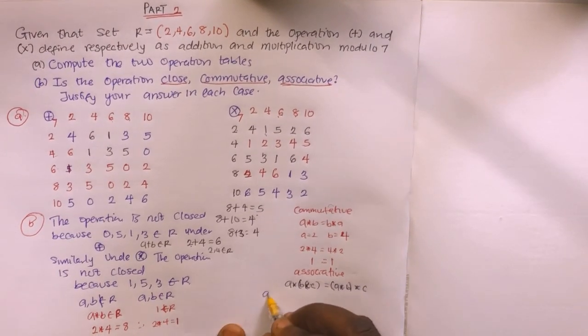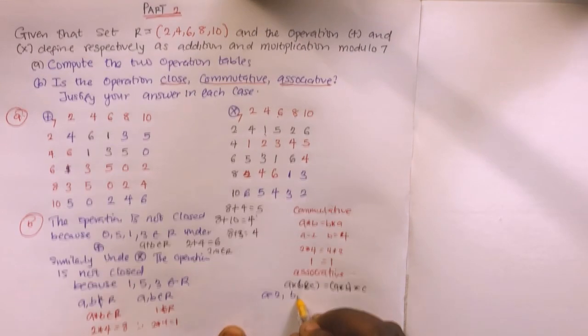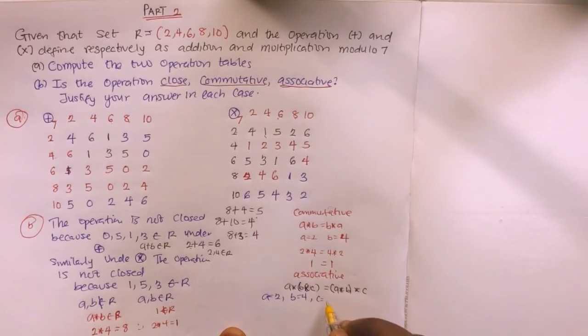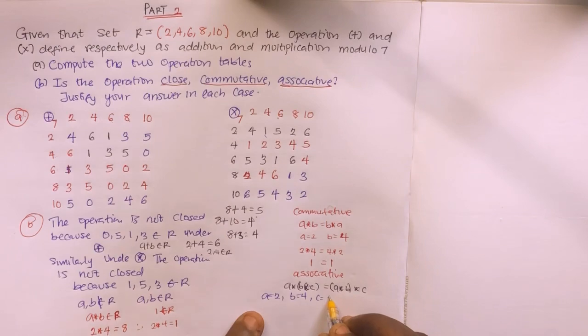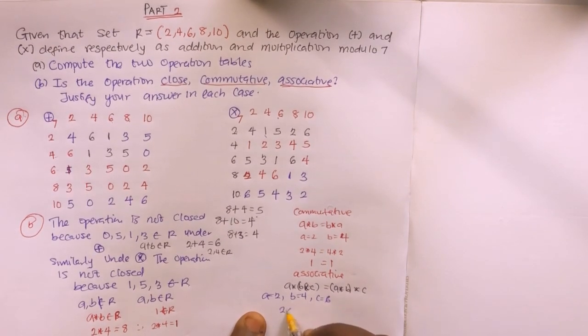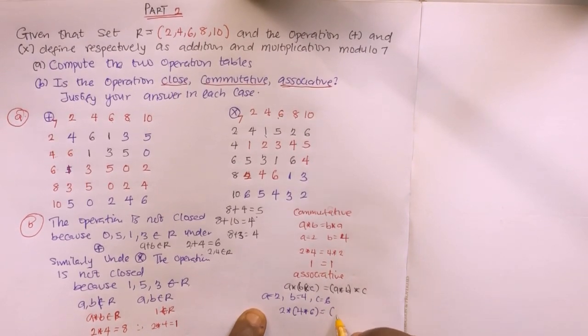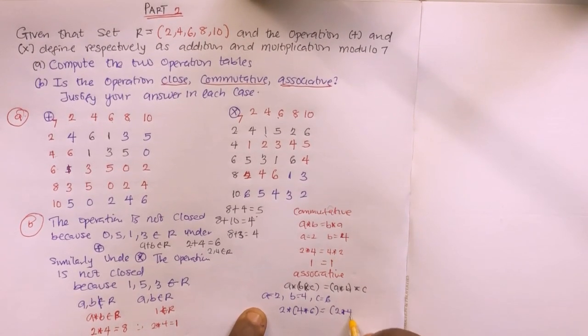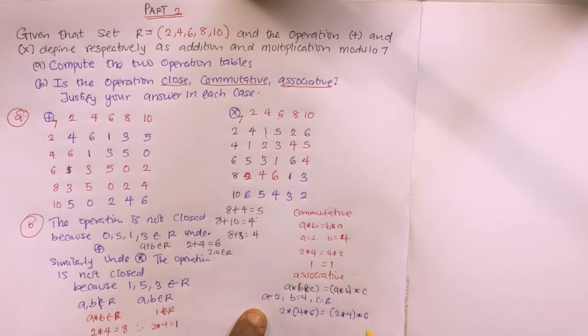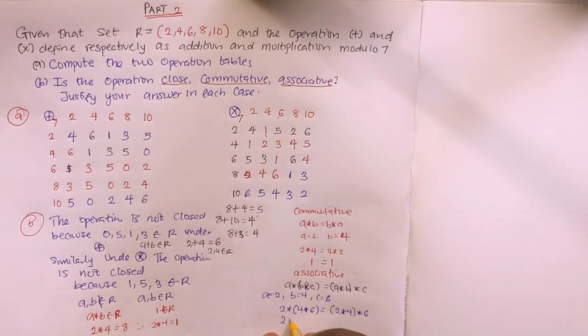Let's say our A equals 2, our B equals 4, and our C equals, let's pick 6. So you should have 2 star, in the bracket, 4 star 6, must be equal to 2 star 4, in the bracket, star 6.